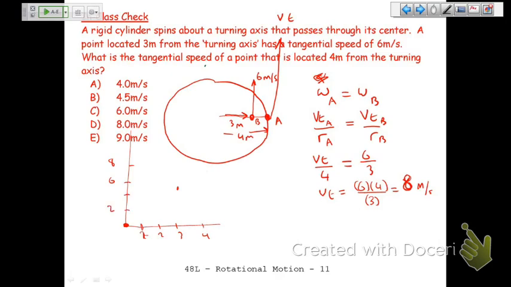Oh, I get it. 2, 4, 6, 8. I bet at 2 it would be 4. I bet at 1 it would be 2, because that's a straight line graph. Your tangential velocity increases linearly with radius on a rotating disk.